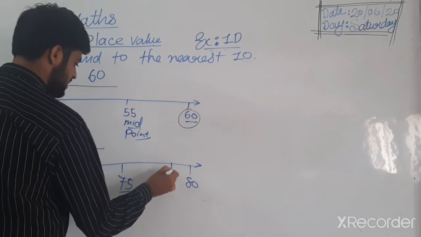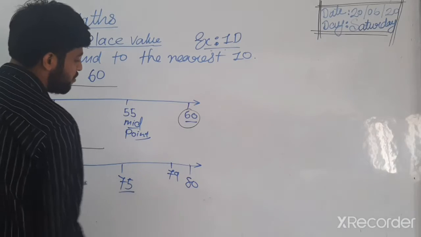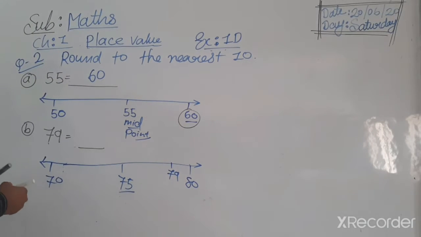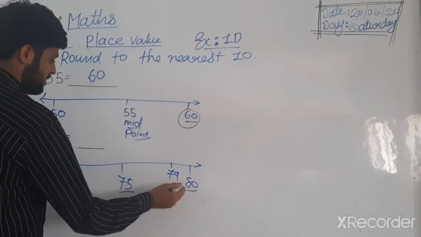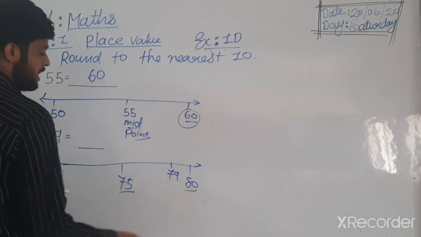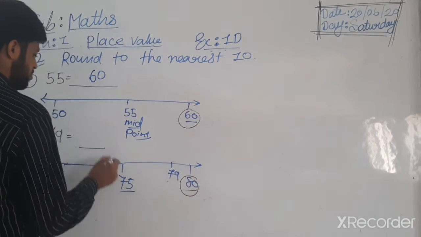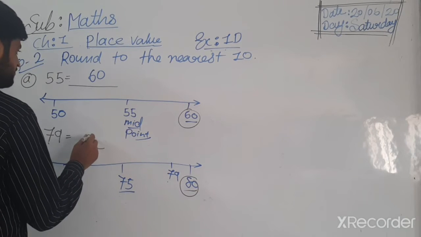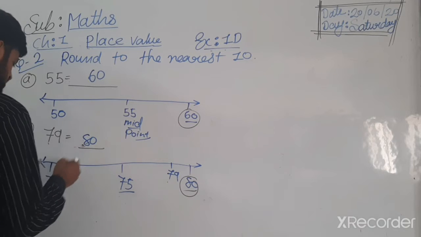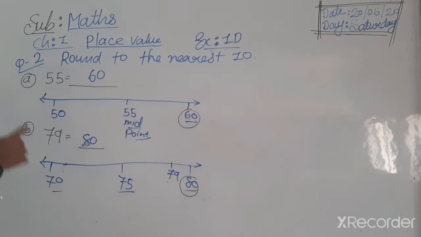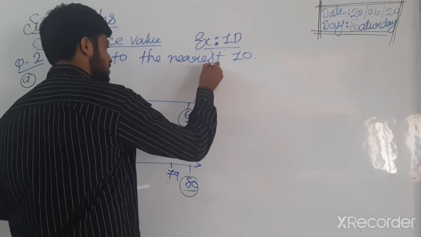So 79 is before 80. Which is the nearest number, 70 or 80? 79 is nearest to 80. So our answer here is 80. You must draw the number line here.